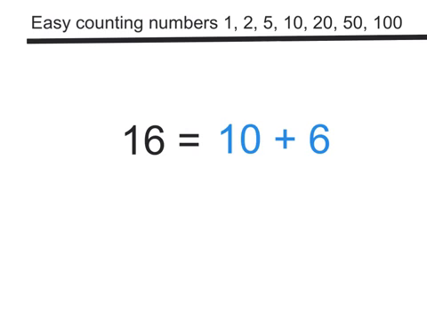16 is written as 10 plus 6 using expanded notation. You will notice that the number 10 is one of the easy counting numbers listed above. However, this 6 is not. Let's see how 16 will be decomposed using easy counting numbers.